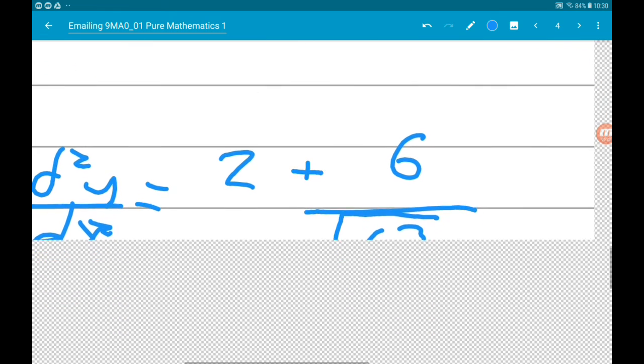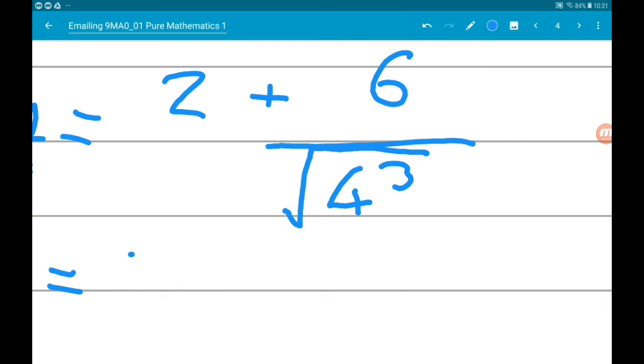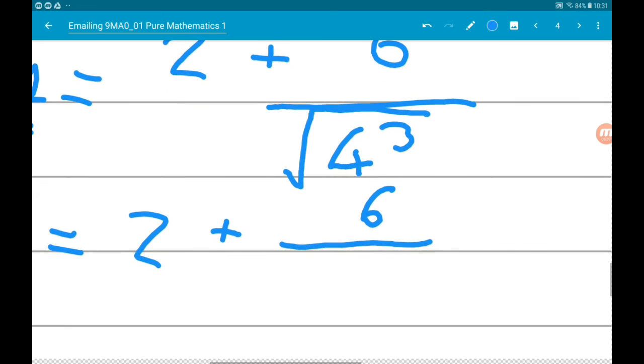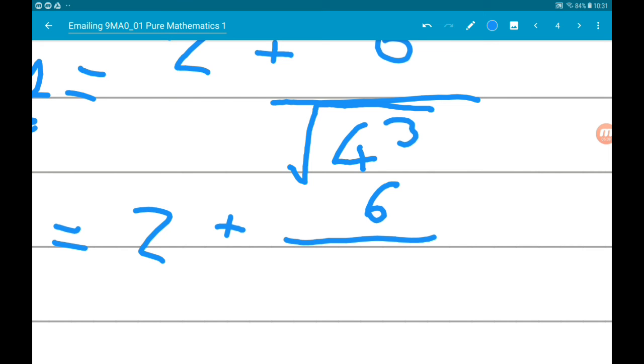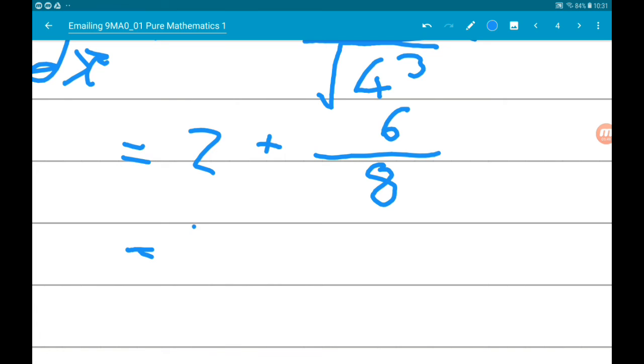Okay, so that is going to give us 2 add 6 over, 4 cubed is 64, square root of 64 is 8. So we got 2 add 6 eighths, which is 2 3/4. Now, what's important about that is that it is greater than 0.